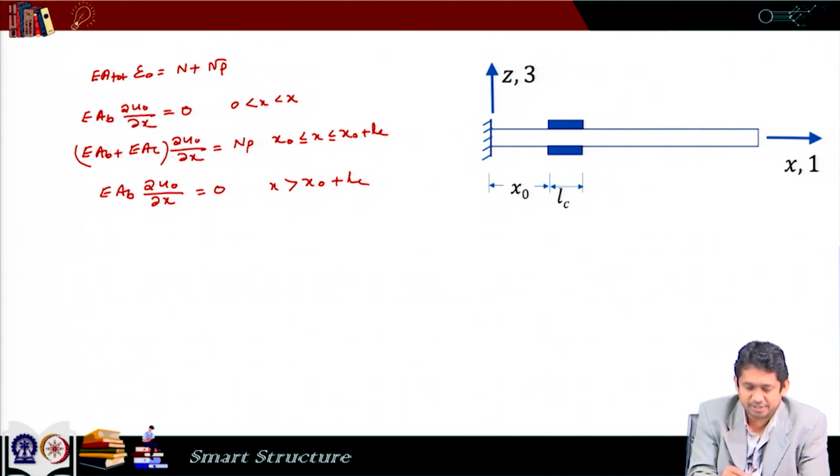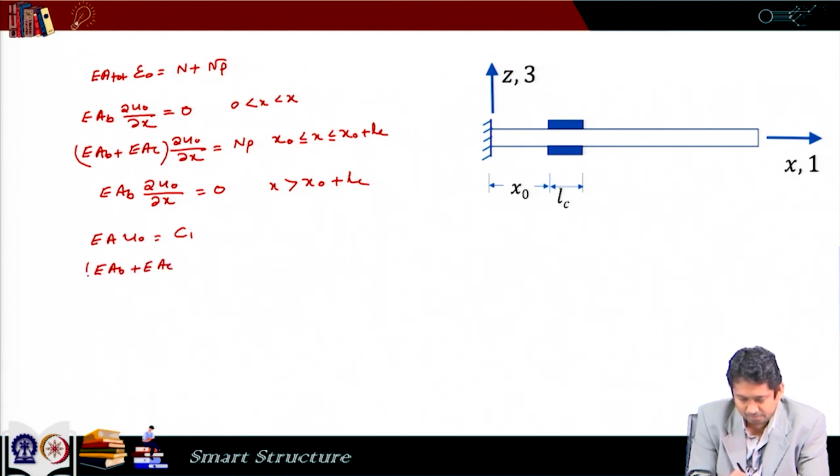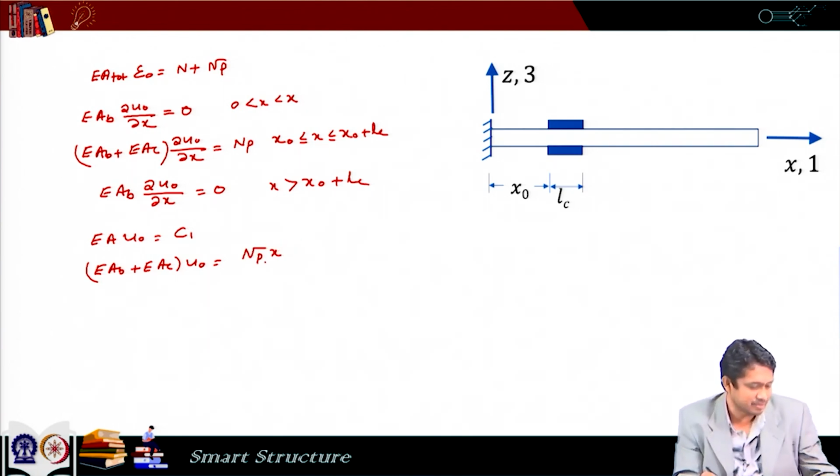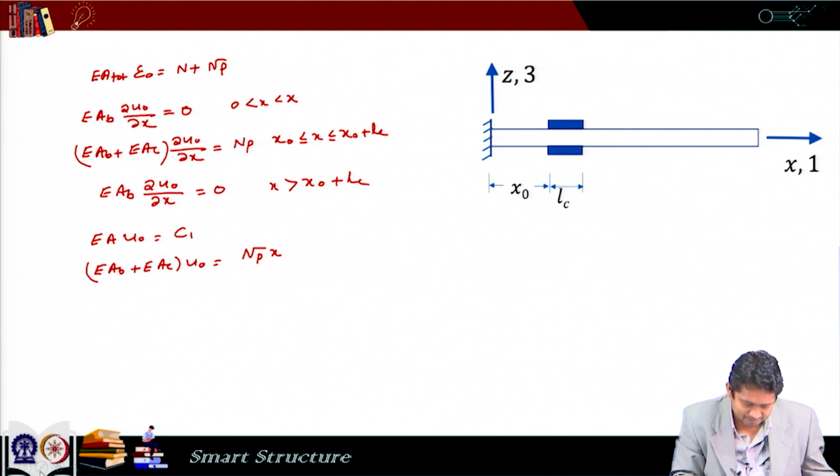So, if we integrate the first equation we get EAB U0 is equal to C1. If we integrate the second equation, that gives me EAB plus EAC U0 is equal to NPx. It is better that we bring the denominator to this side.